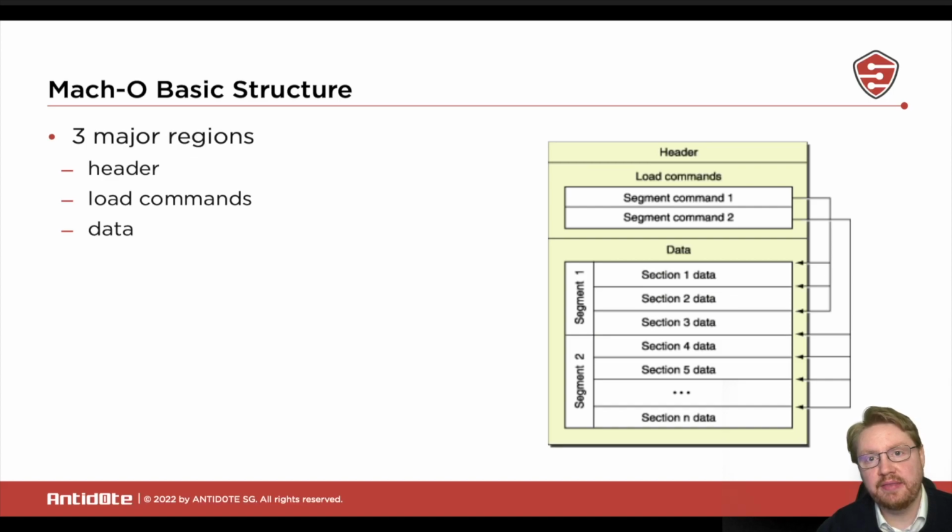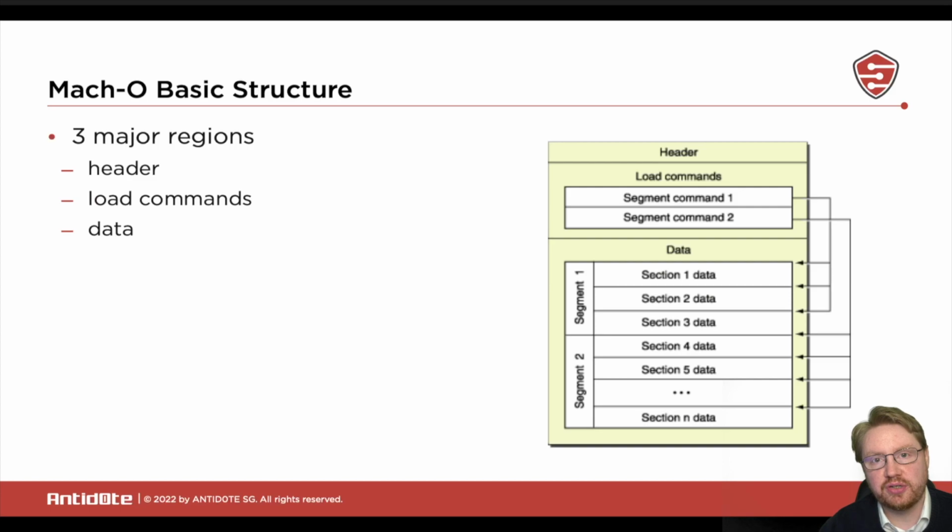To understand Mach-O files, it's quite handy to see a Mach-O file as three major regions. First, you have the header region, a very short, fixed-size header that contains just the basic information about the file.